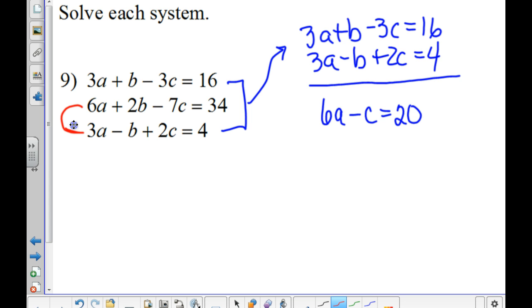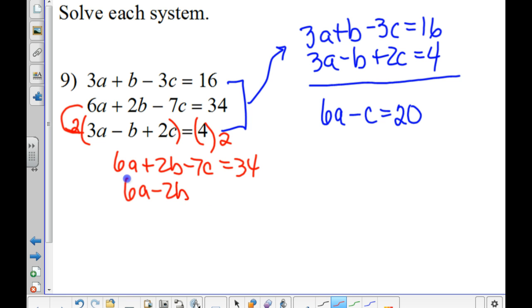But when I pick a different set of 2, I'm going to pick the bottom 2. I'm going to rewrite the first one, 6A plus 2B minus 7C equals 34. In order for the B to drop out, I call on the algebra fairy and wish there was a -2 right in there. There's already negative, so I need to multiply everything by a 2. So that gives me 6A minus 2B plus 4C equals 8.